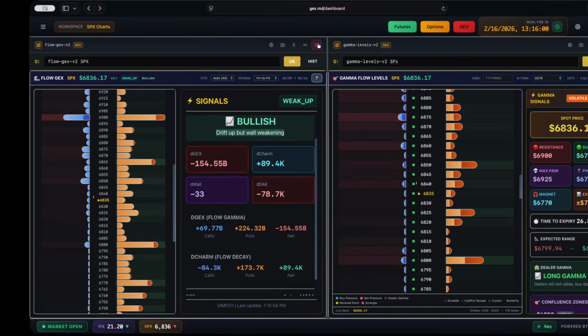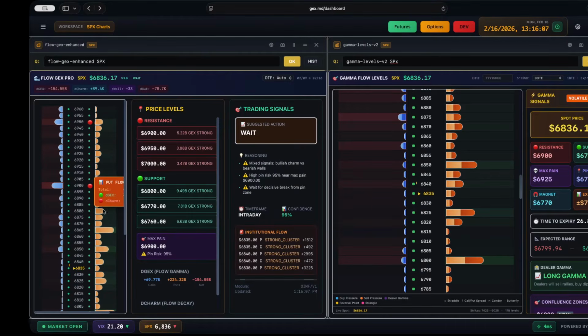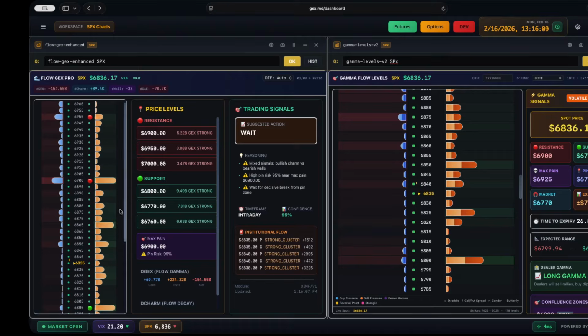Now, if you want to go into the bands, you go to see this guy right here. This is another story. This is going to tell you exactly what the institutional flow positioning is, how many clusters we have in each strike, put or call, so you know what to play.